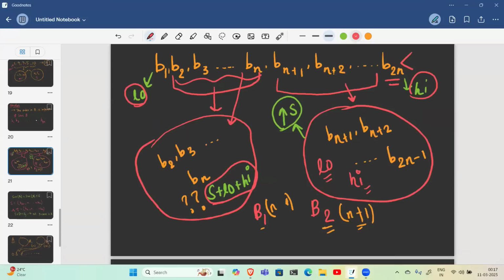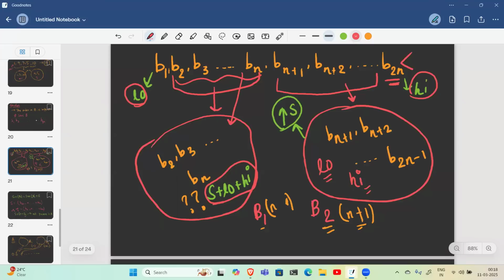So S plus low plus high is greater than B2n, which is the largest element in the bag in sorted order. So S plus low plus high is even larger than the largest element in the bag. If I have a bunch of numbers and then I give you a new number which is larger than even the largest element of the bag, is it ever possible that it will match some other element of the bag? It is not possible, right?